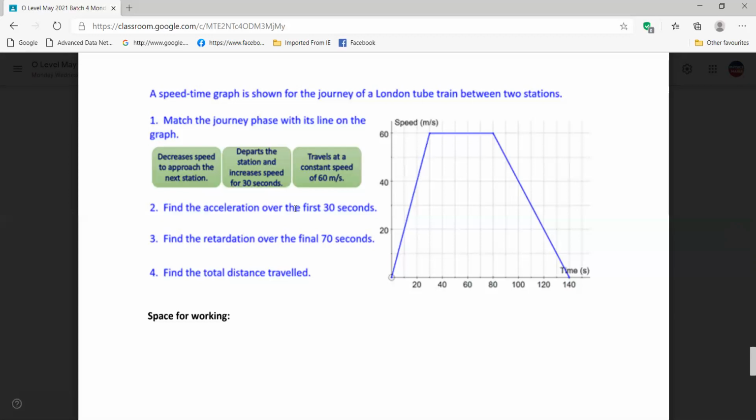Okay, sir. Find the acceleration over the first 30 seconds. Three or 30? Sir, it's 30 seconds.